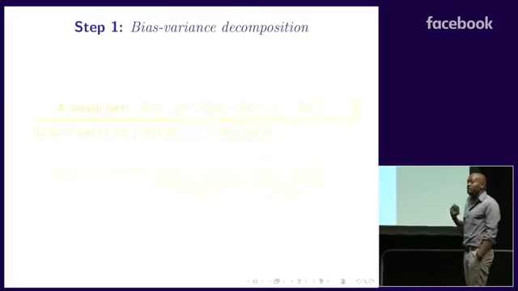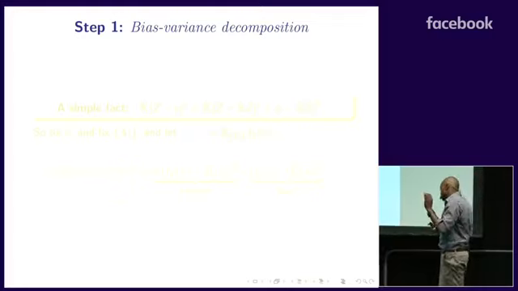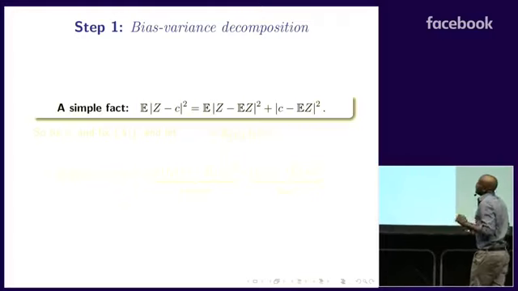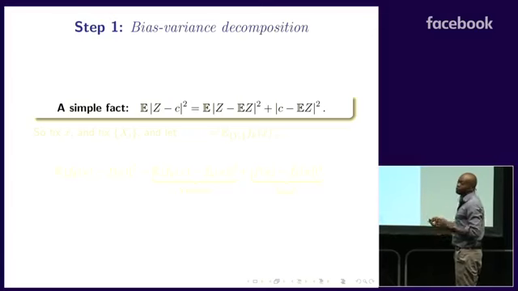The first step is a simple bias variance decomposition. It is based on the following fact, which everyone can show. Let's consider a random variable Z, and let's look at the expected squared distance from Z to a fixed point c, where c is just a fixed constant.